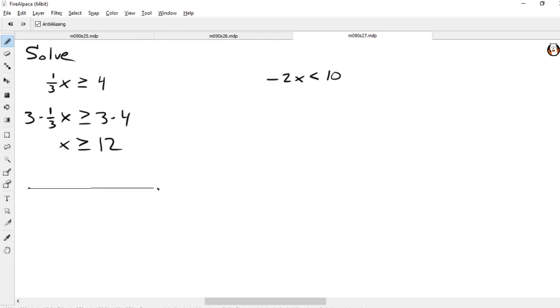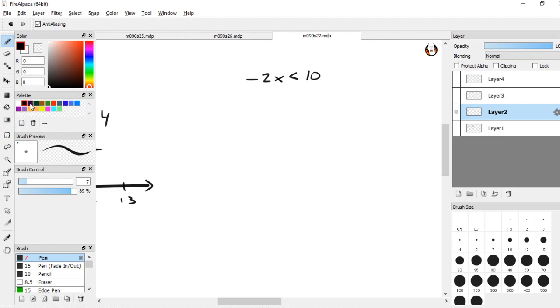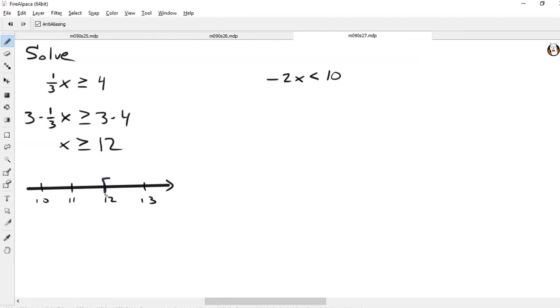On a number line, 10, 11, 12, 13. I'm going to use a square bracket to indicate that x can equal 12. And it can be later.